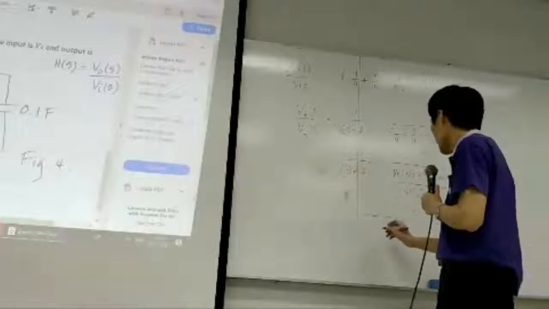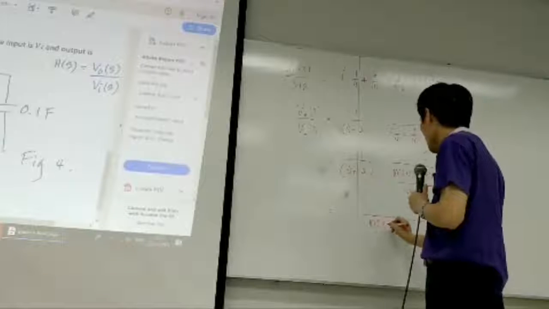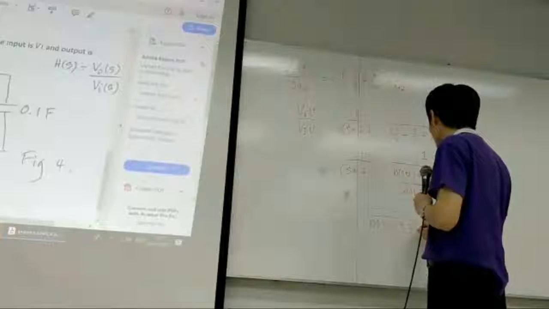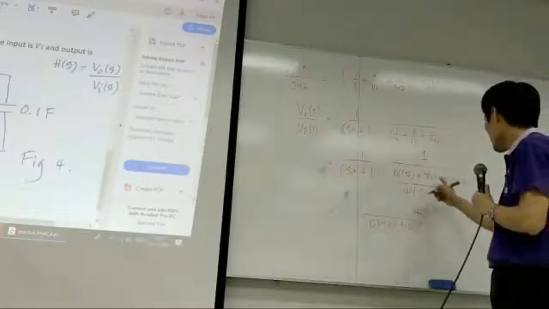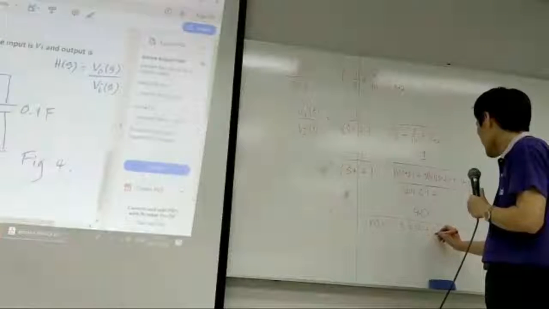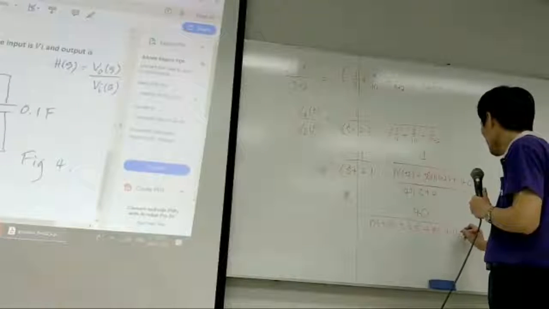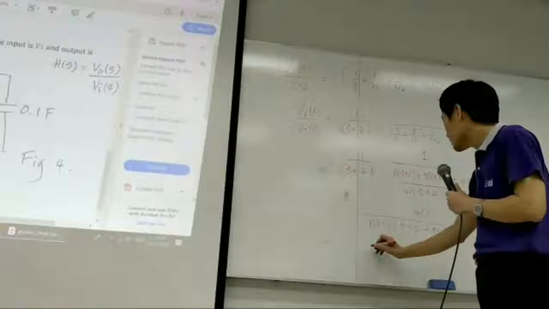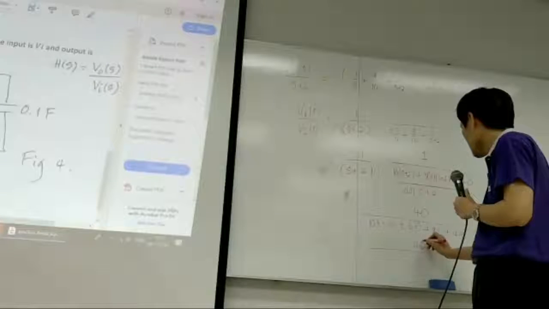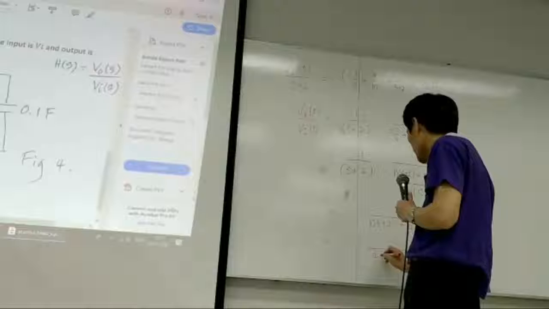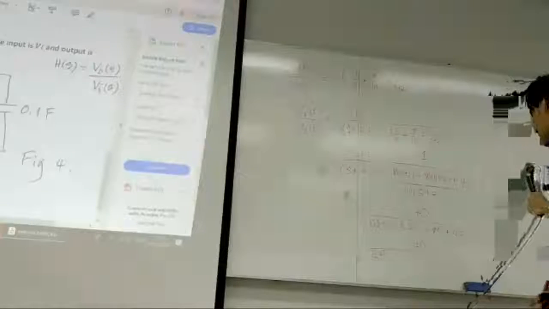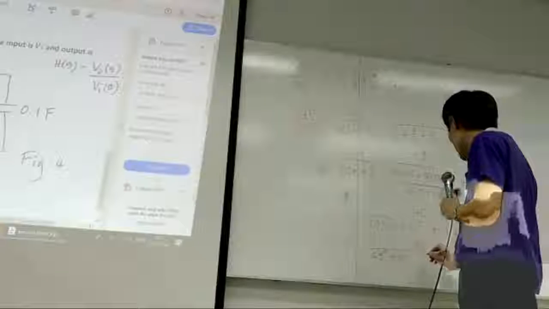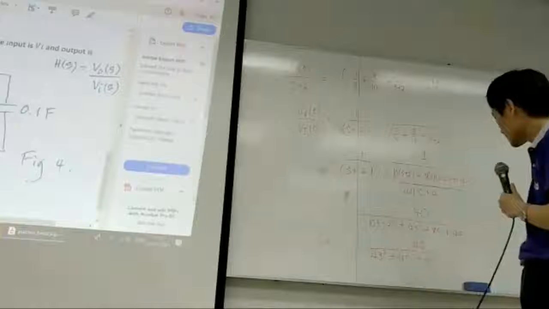40 on top, and we have 10S plus 20 plus 4S squared plus 8S plus 40. And if you simplify that, we have 40 with 4S squared plus 18S plus 60.